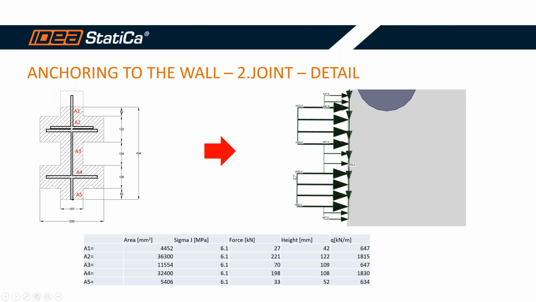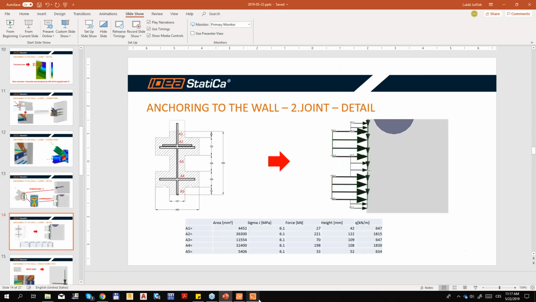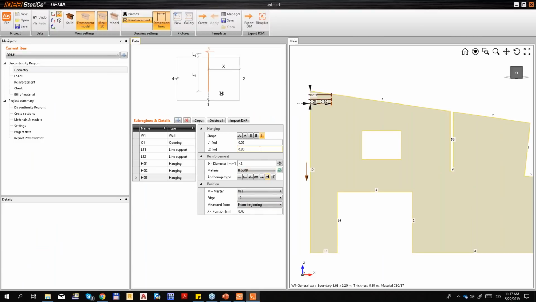So I will come back to application detail, and I will do modeling of this part, this connection. I will create a new hanging load, and the position will be 2.99 meters from the top part of the wall.